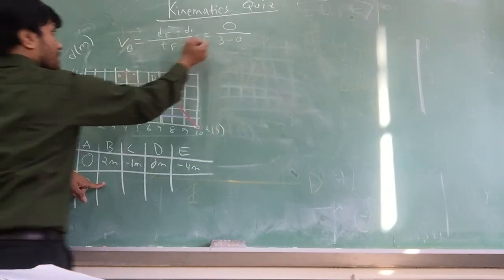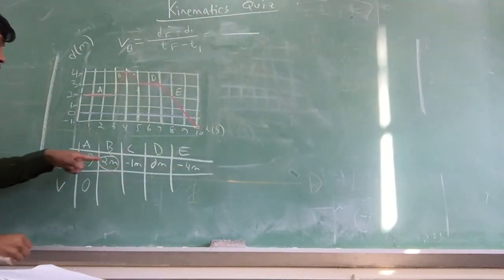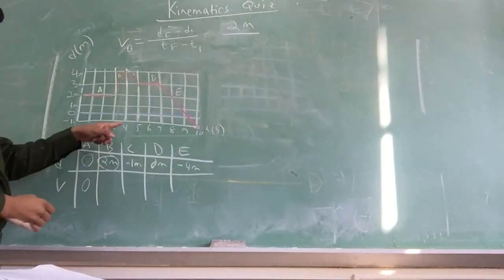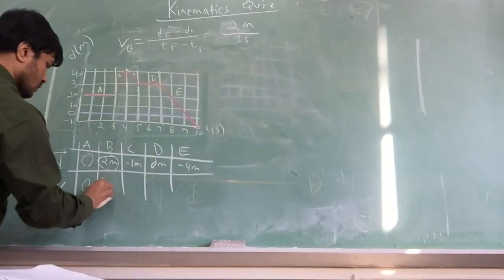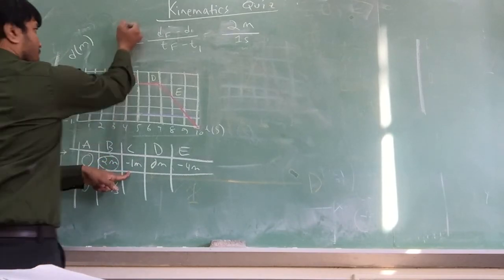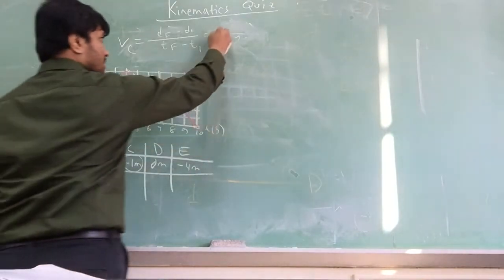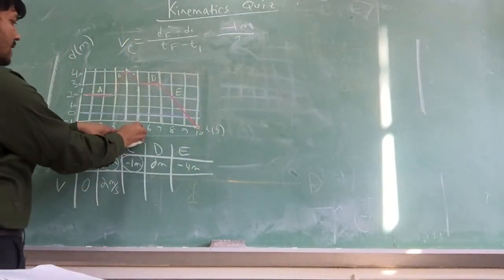Section B. We already have 2 meters, and 4 minus 3 is 1 second. So 2 meters per second. Let's do C. We already have -1 meter, and the time is 5 minus 4.